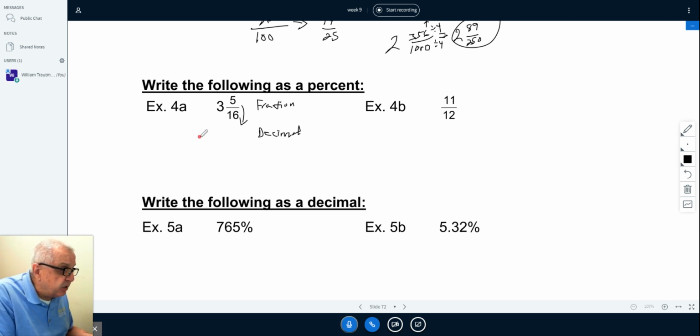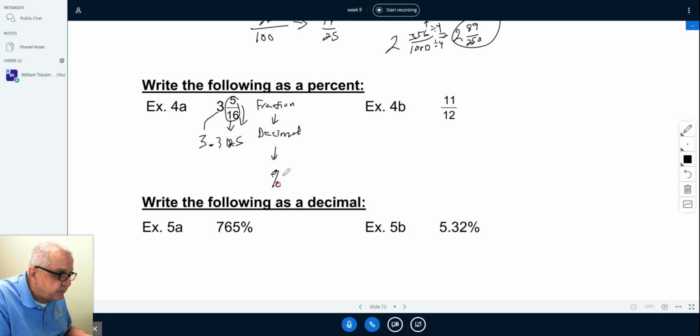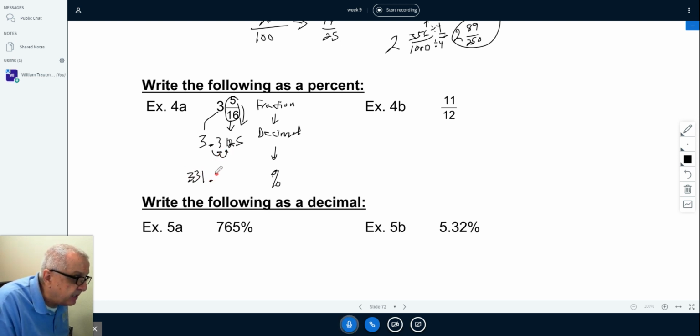So the decimal equivalent, 3 is a whole number, and then on my calculator, 5 divided by 16 is 3125. Do you see? This is the whole number, and when I put this into my calculator, this is the decimal number. Now I need to change it to percent. Well, if you go from decimal to percent, it tells you here you're going to move the decimal 2 places to the right. So I'm going to move the decimal point 2 places, 1, 2, and I get 331.25%.